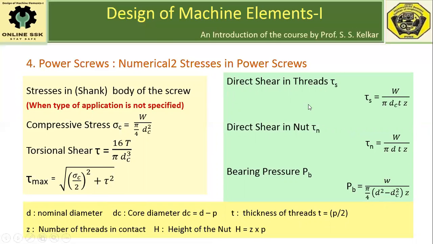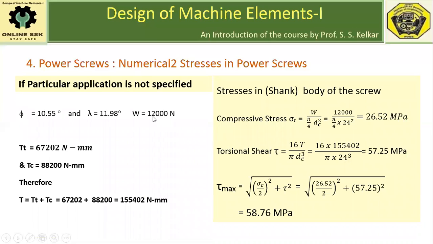Stresses developed inside the threads of the screw, threads of the nut, and bearing pressure at the interface will be calculated based on these formulae. I have carried forward the things on the left hand side.